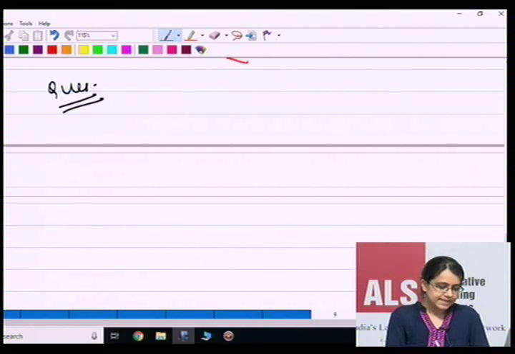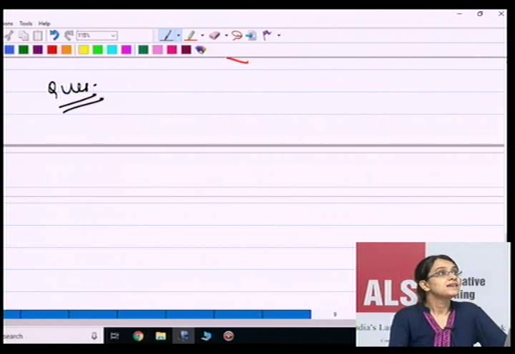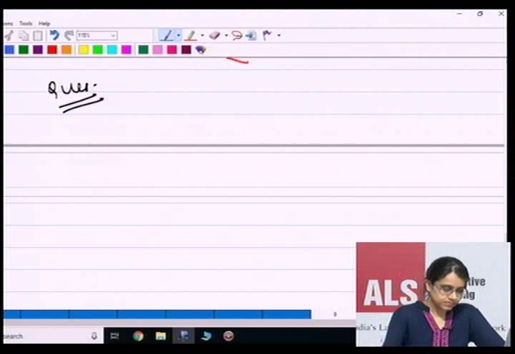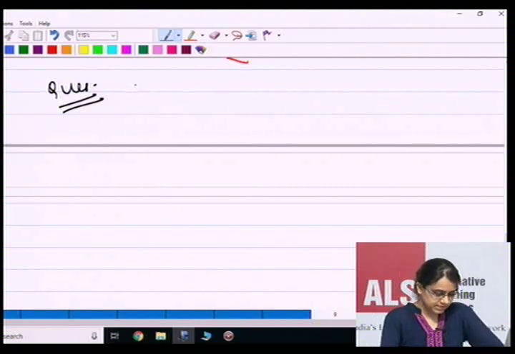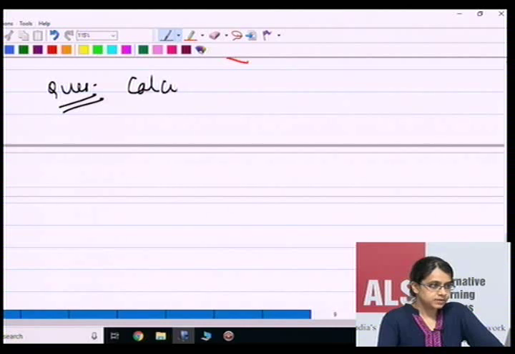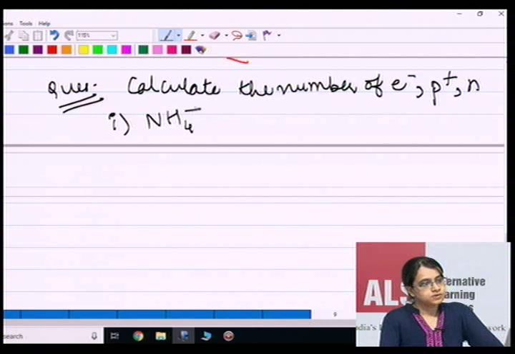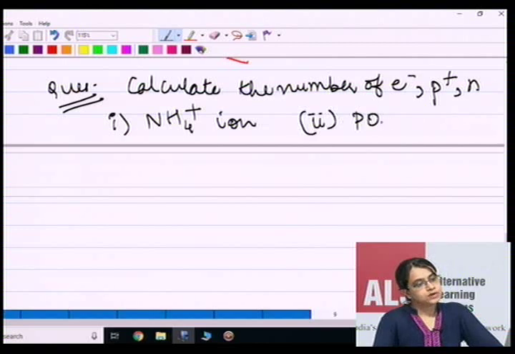We now have a slightly tougher question for you, where I'm sure you all will be able to do it. Okay. So the question is, you have to calculate the number of electrons, protons and neutrons in NH4 plus ion and phosphate ion.